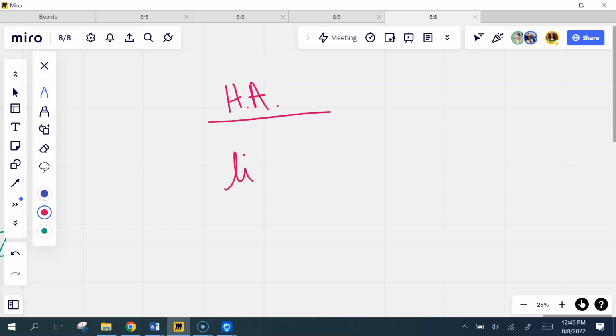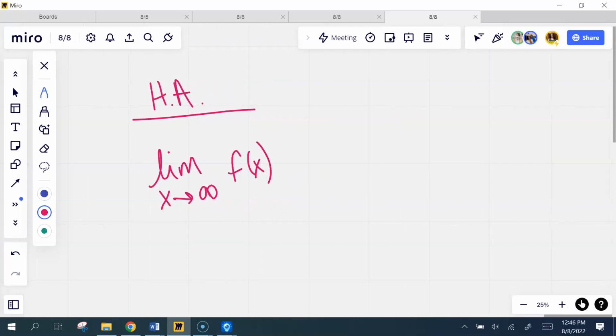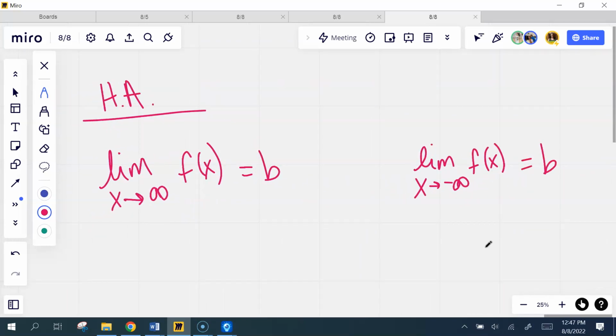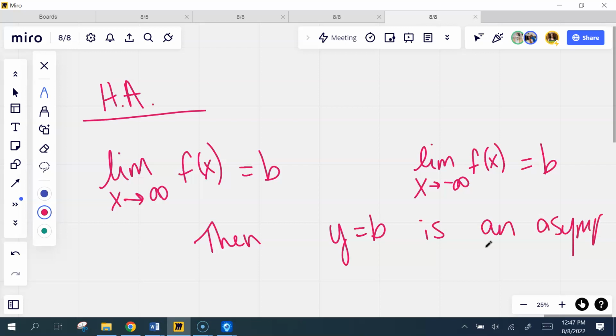If you can take the limit as x approaches infinity, or the limit as x approaches negative infinity. So either way you look, to the left or to the right, as far as you look, if it approaches a constant, okay, just a number, just a value, then y equals b is an asymptote.